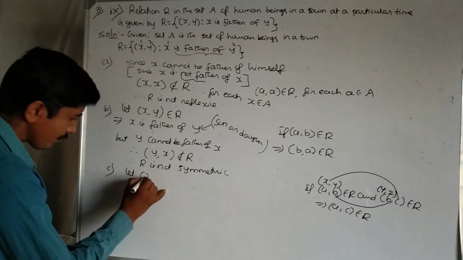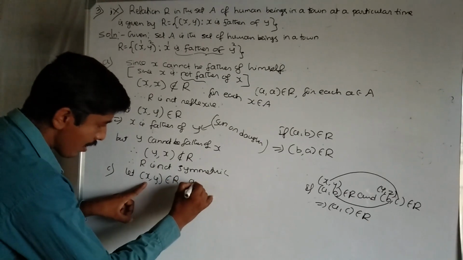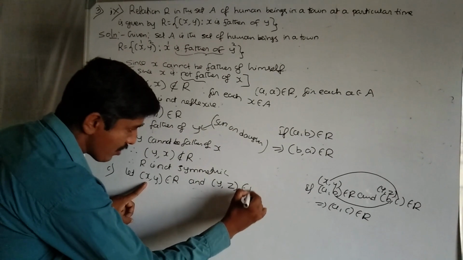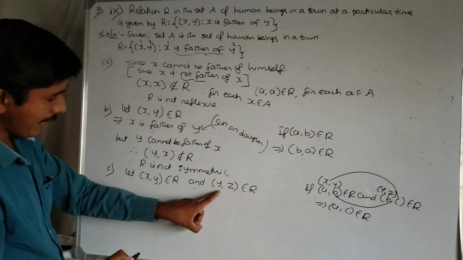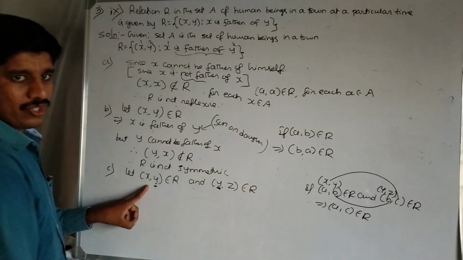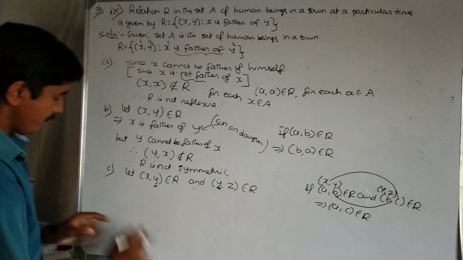Let (x, y) belong to the relation and (y, z) belong to the relation. Then verify whether (x, z) belongs to the relation or not.